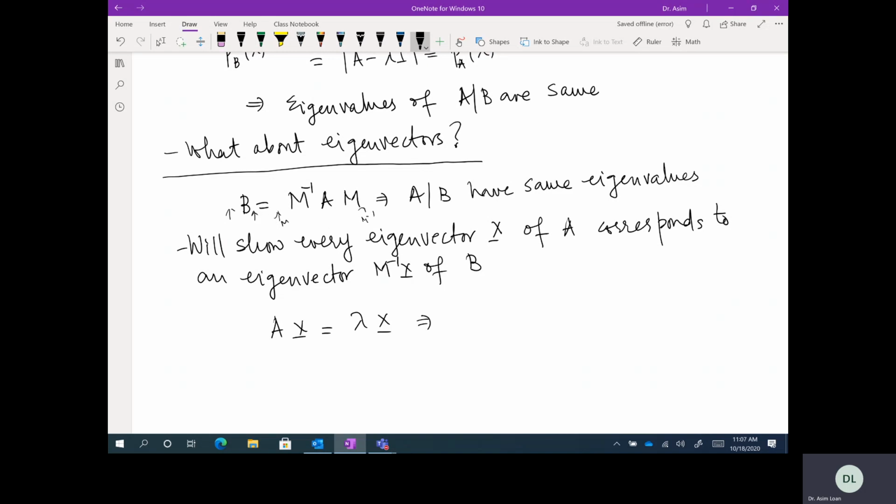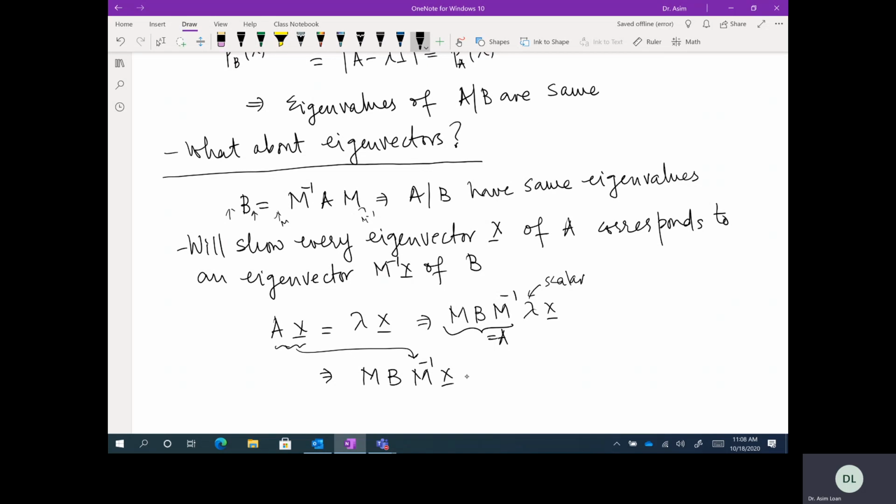So this is MB M inverse into lambda into X. Lambda is a scalar, so remember this is a scalar, so I can move lambda anywhere.